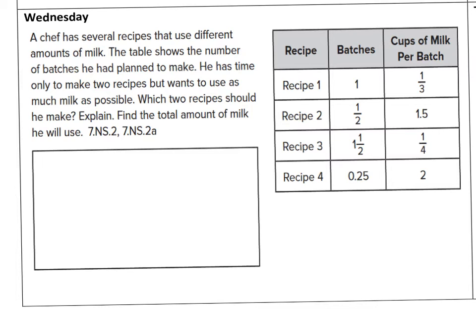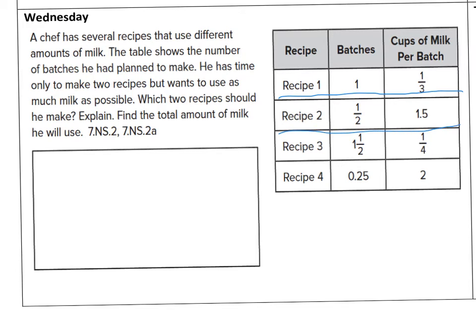So over on the right-hand side, we have a data table with the 4 recipes, the number of batches that they need to make, and then the cups of milk per batch. In this case, the information for recipe 1 is 1 batch, 1/3 cup of milk.